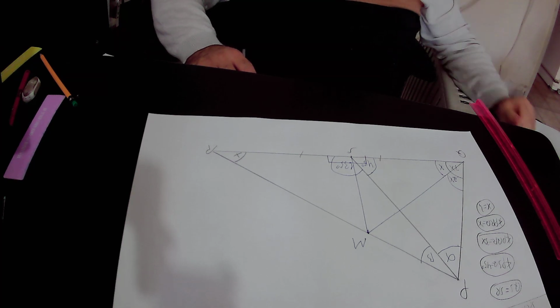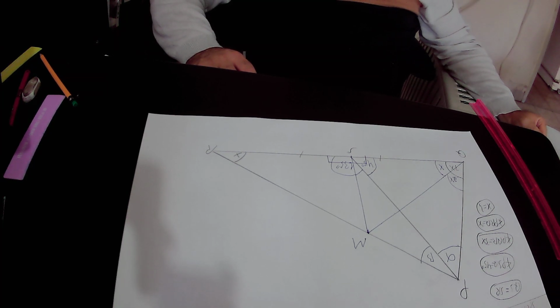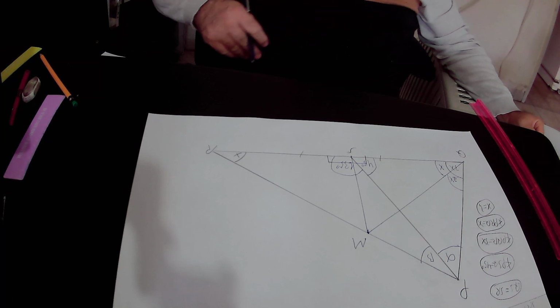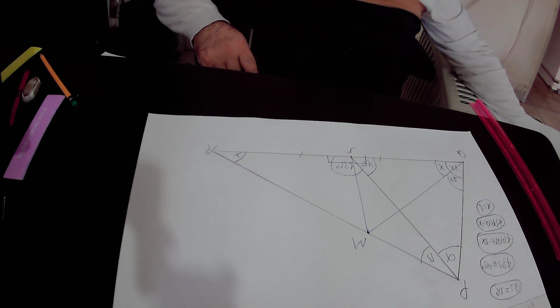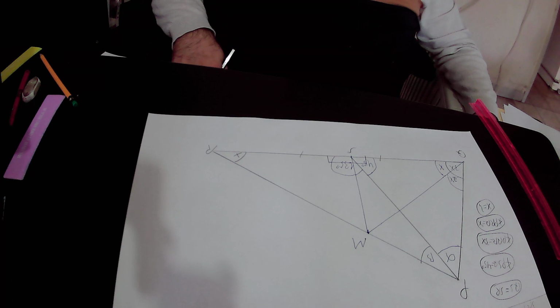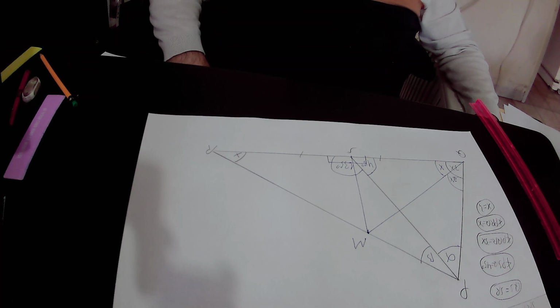And we have a new rule. According to the new rule, the exterior angle of a triangle is equal to the sum of the angles that are not adjacent to the exterior angle.